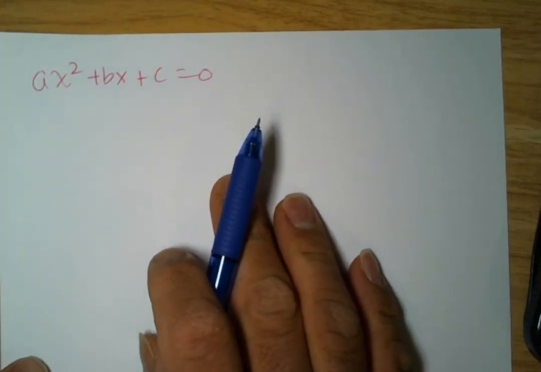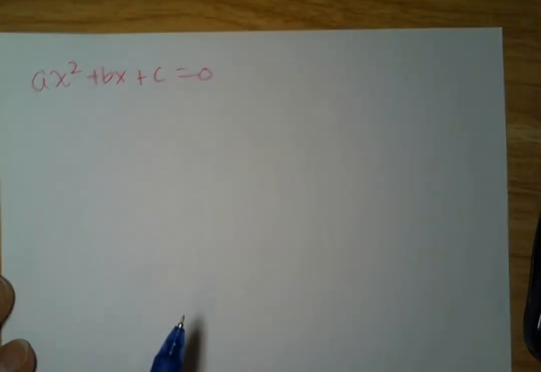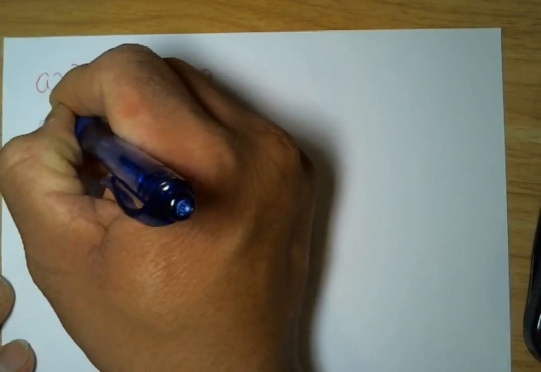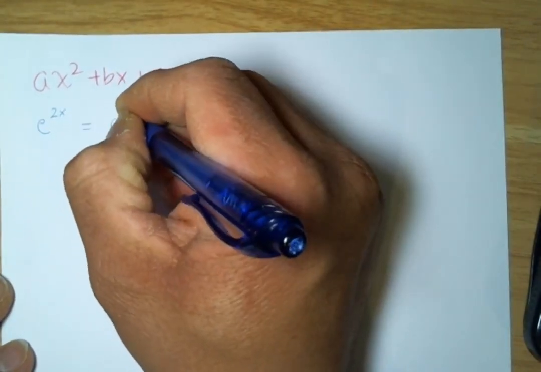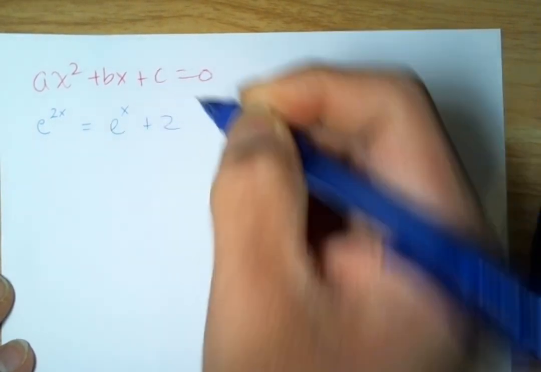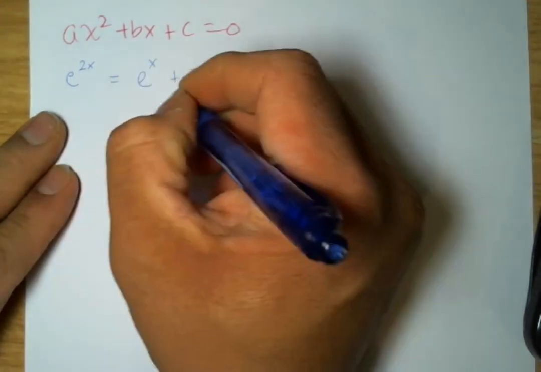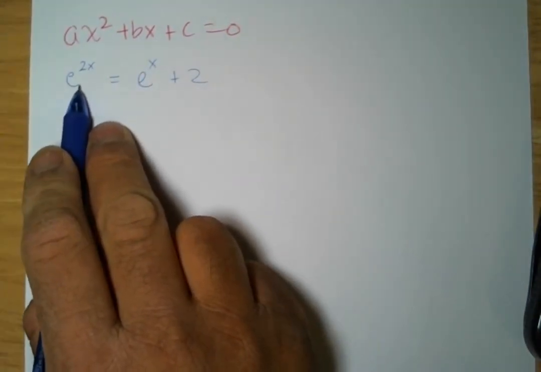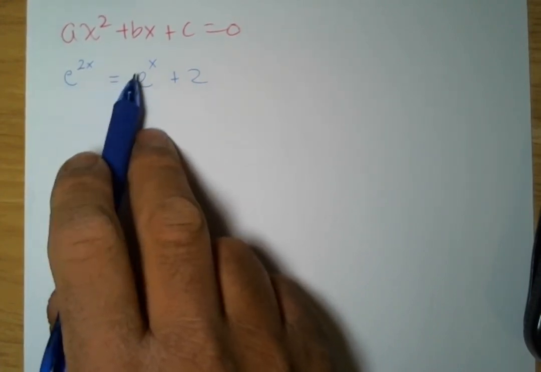So what I mean by that is, let's say that we had something like this: e to the 2x equals e to the x plus 2. Notice I have 2 exponentials with base e, but they don't have the same exponent, so they're not like terms.